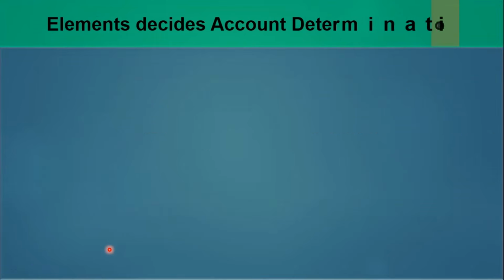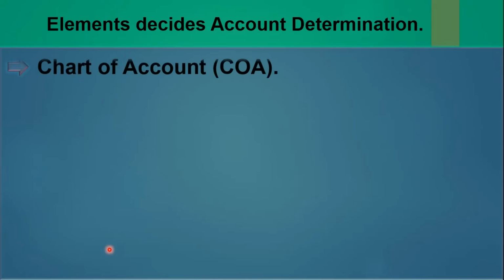Then there are certain elements that decide automatic account determination. We will see which they are, and then I will explain one by one what exactly they are. So chart of account is one.